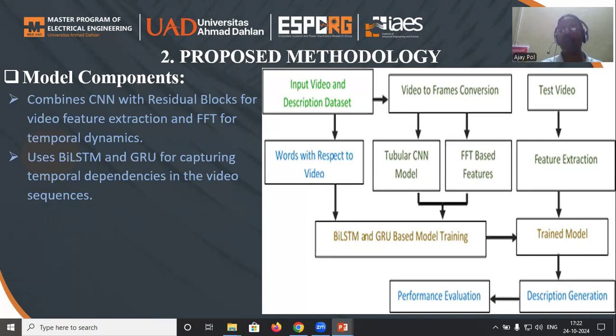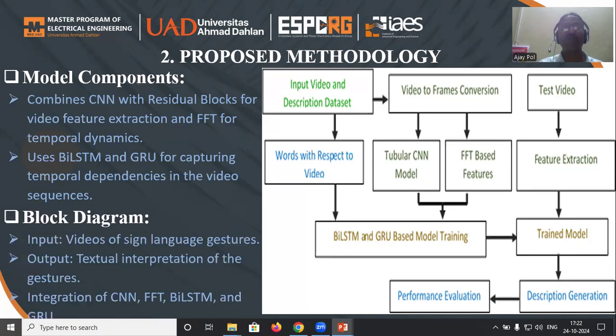In this block diagram, the input videos with paired sign interpretation undergo processing. The videos are then fed to the CNN model to extract the local and global features from the frames. Simultaneously, text data is also tokenized for pre-processing.